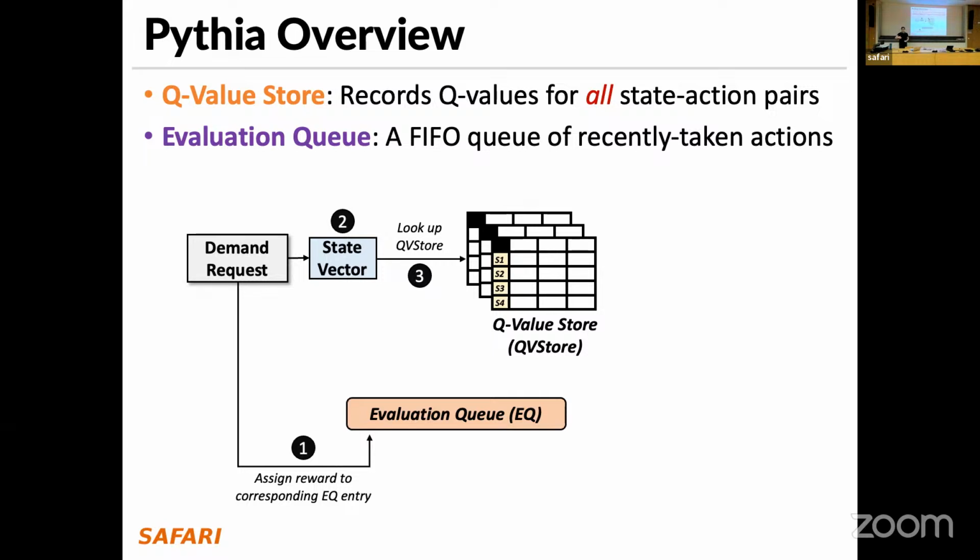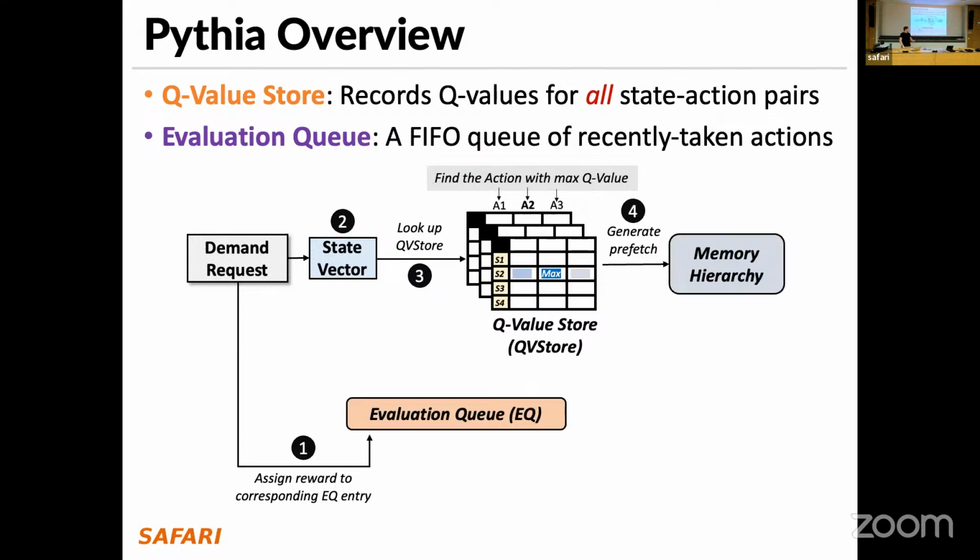Meaning we look at, okay, did we actually prefetch the address that I wanted to access, or did we not? And then we can assign a reward based on that to the action in the queue. As I said, it then takes the max, generates the prefetch and gives that to the memory hierarchy. After that, we insert our action as a state action pair in the evaluation queue.